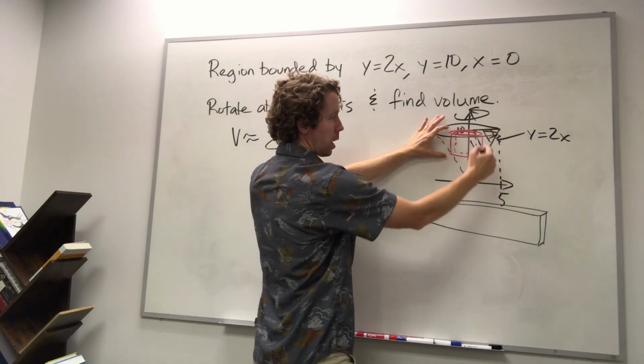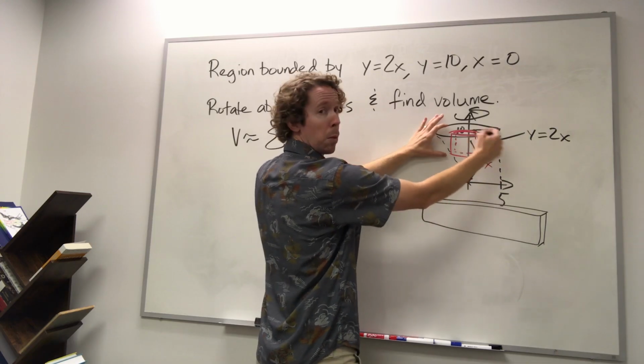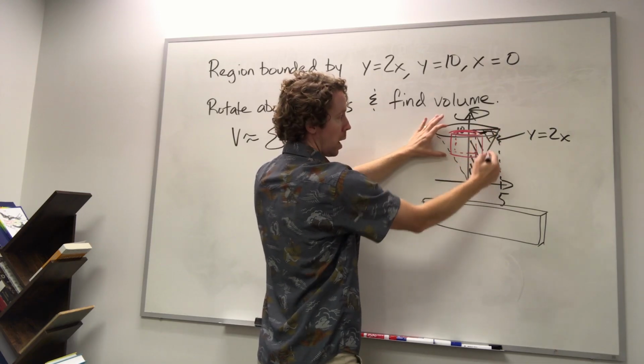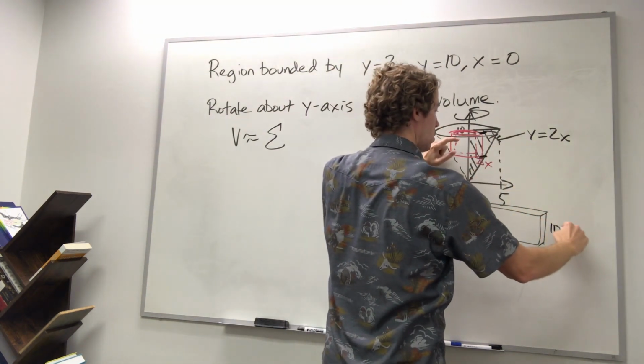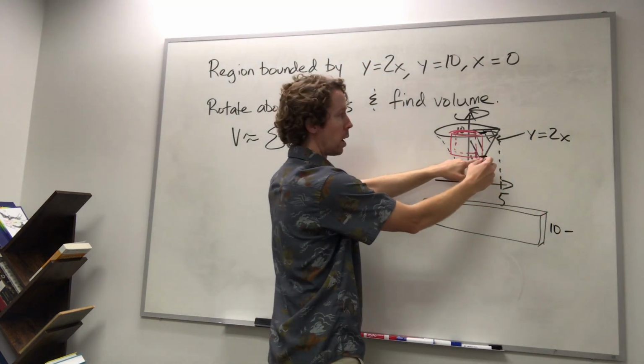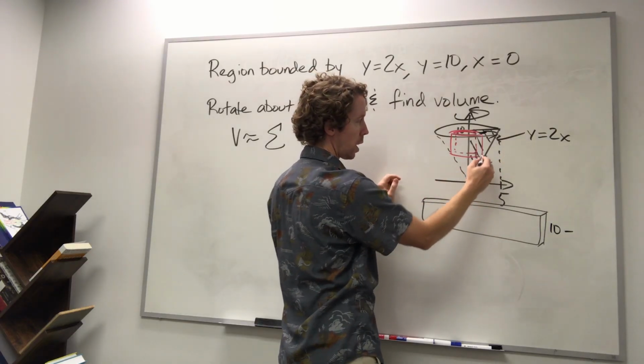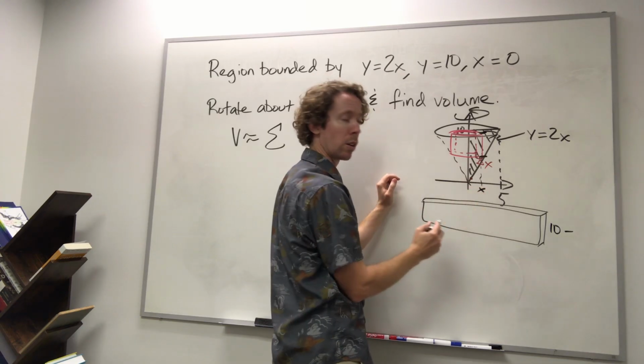So to get that height, take the top y value minus the bottom y value. The top y value is 10, and then this bottom y value is 2x. It depends on which x value you're picking down here.